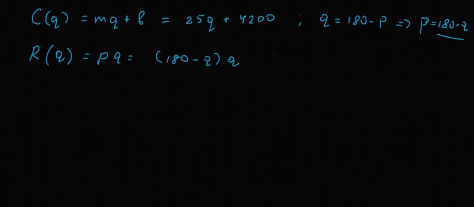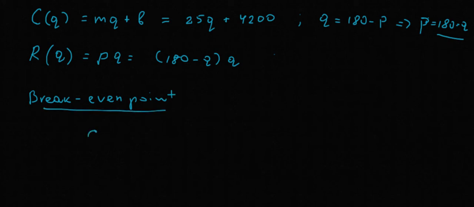And so to find the break-even point, what we need to do is set the cost function equal to the revenue function. And then we will be able to solve for Q. C of Q equals R of Q.